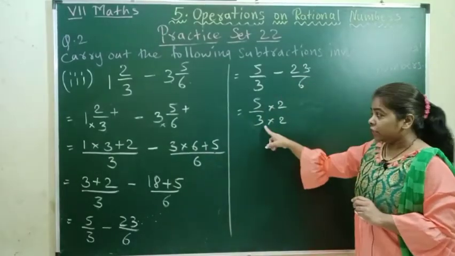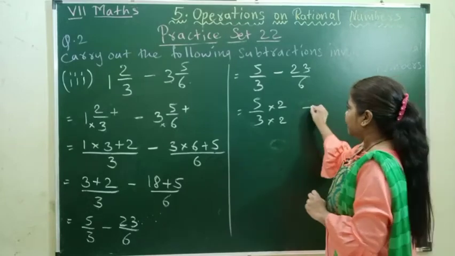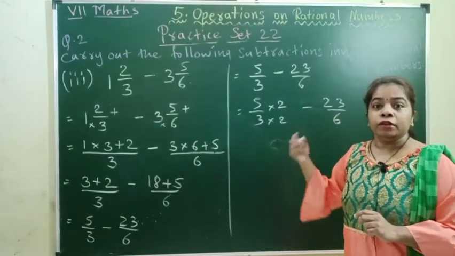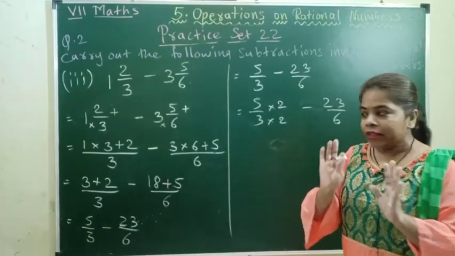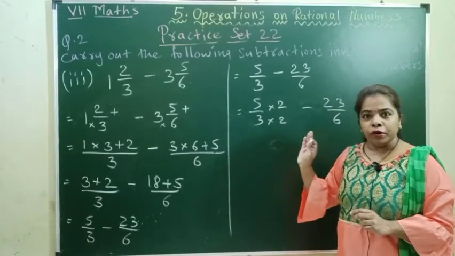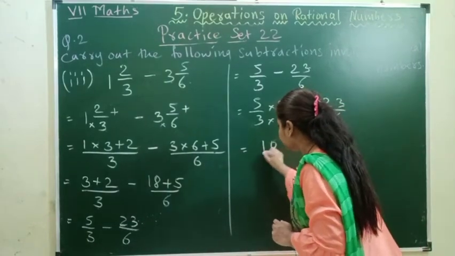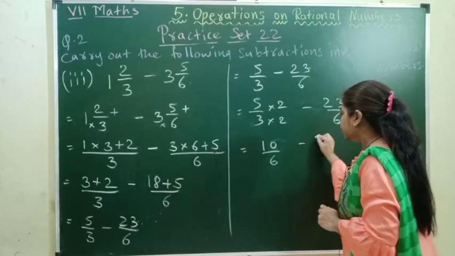If I multiply this one with 2, up also I have to do the same. That's a rule. Minus. I am not going to do anything to this fraction because it is already 6. And when I am multiplying 2 here, both the denominators are going to become 6. 5 2s are 10. 10 upon 6 minus.